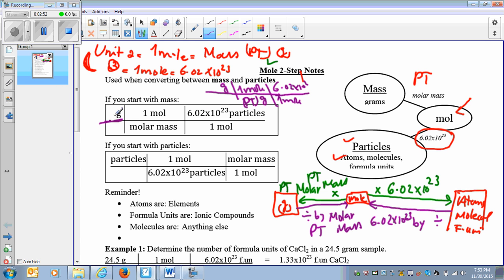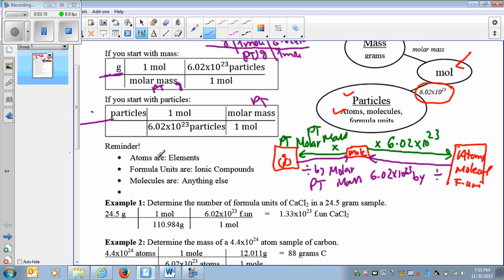This is the mass in grams that you get from the periodic table. Mole is always 1. If you're given particles, then you have the particles here divided by the particles, 1 mole, and 1 mole is equal to the molar mass that you get from the periodic table. Atoms or elements, formula units are ionic compounds, and molecules are everything but the ionic compounds.